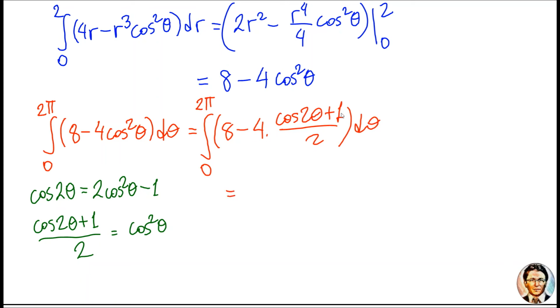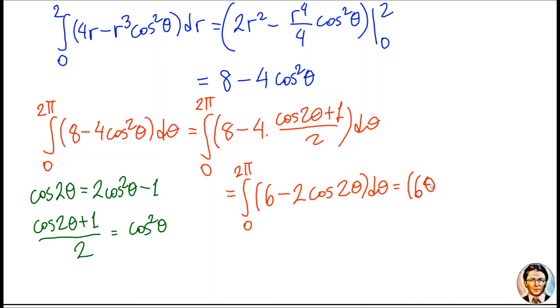So this is 2 times this expression, so you will get 8 minus 2, which is 6. So this is going to be 6 minus 2 cosine 2 theta d theta. So that is 6 theta minus 2 times sine 2 theta over 2, so it will be sine 2 theta.